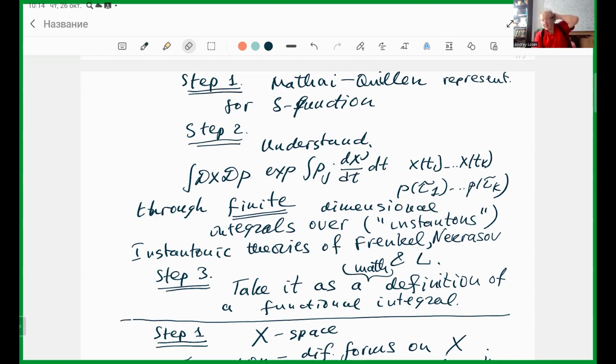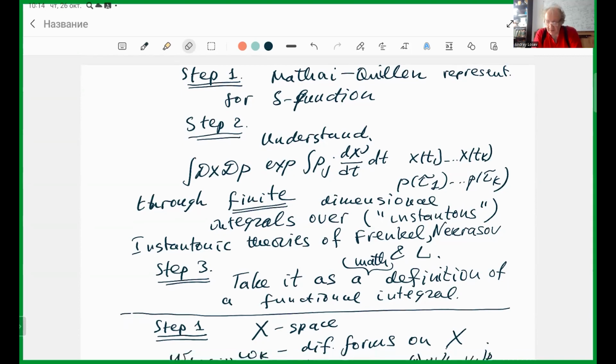I would like to see the functional integral as an integral over the infinite dimensional space, and get it from the finite dimensional integrals. Okay?